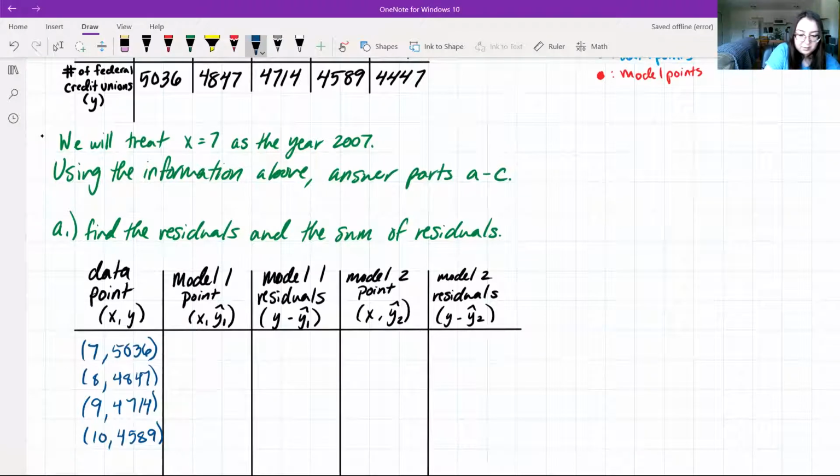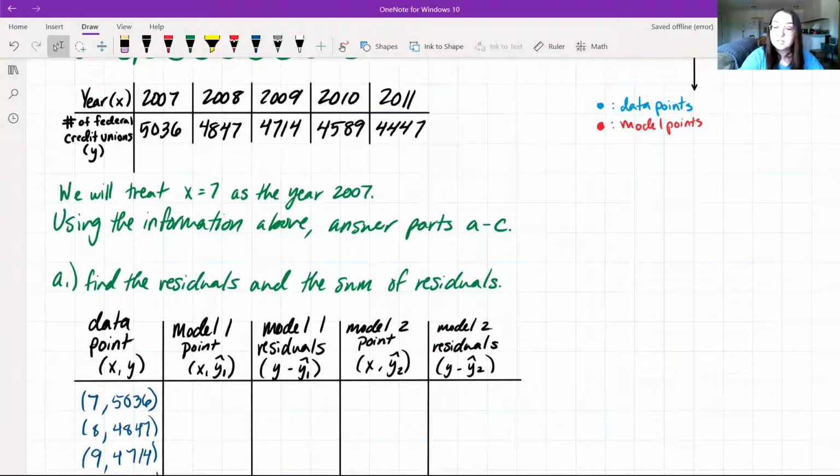We have 11 for the year 2011, 4,447. All right, so we have our data points from our chart that we originally had.